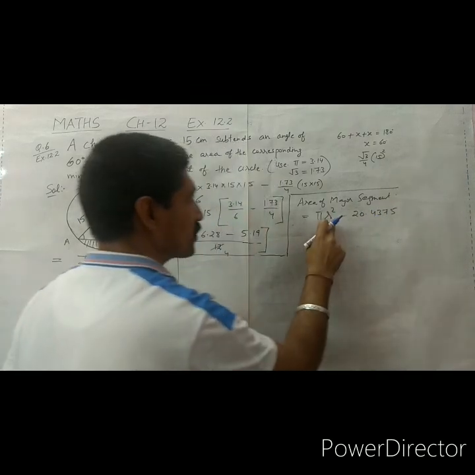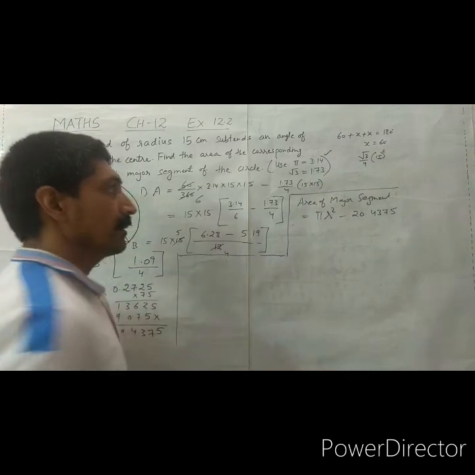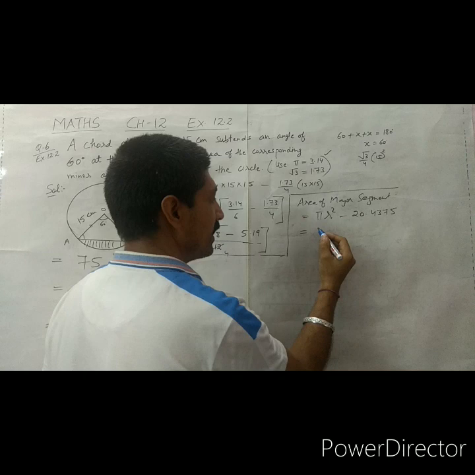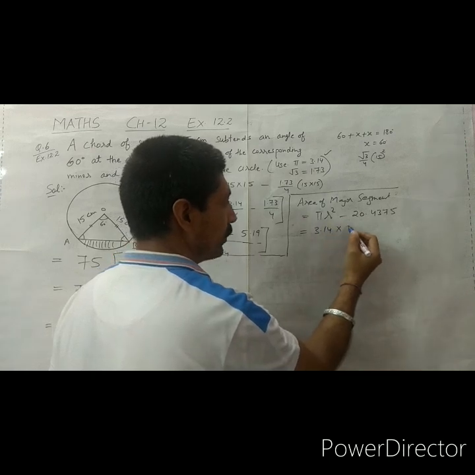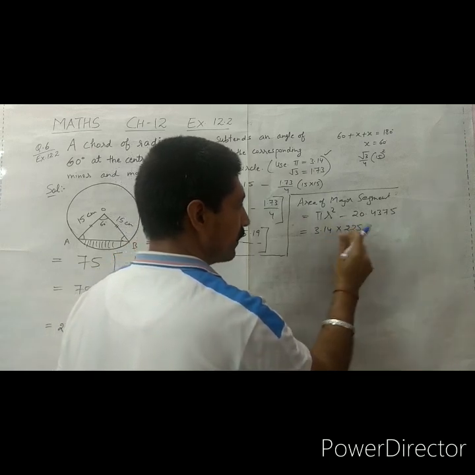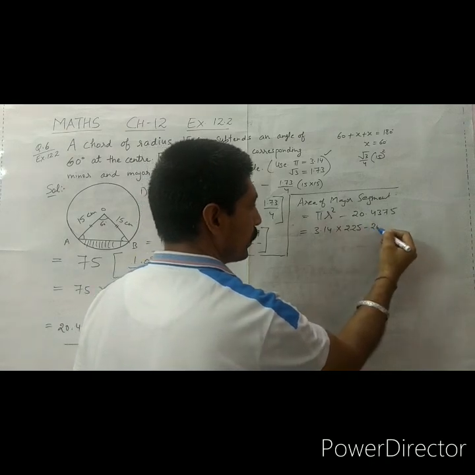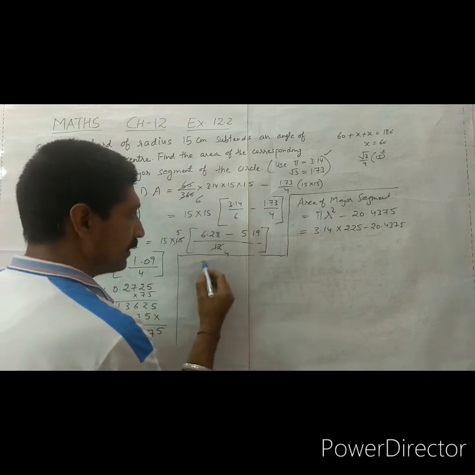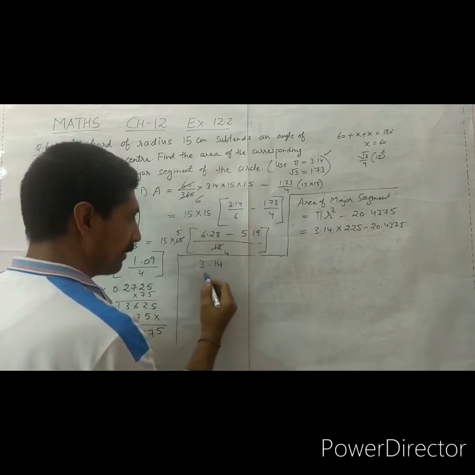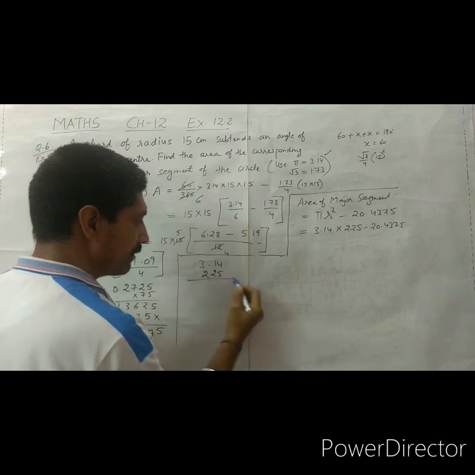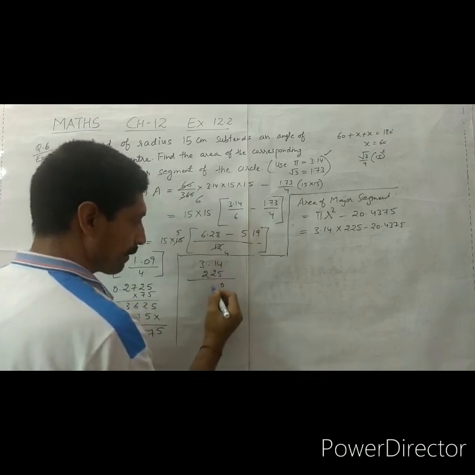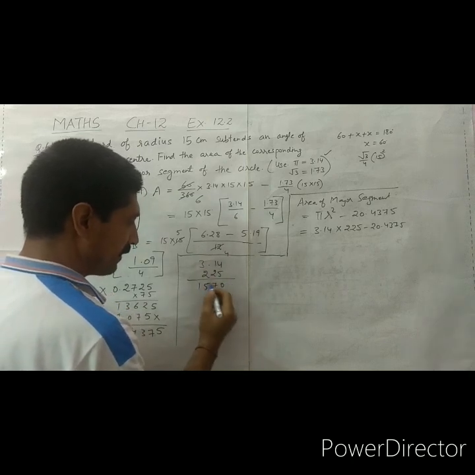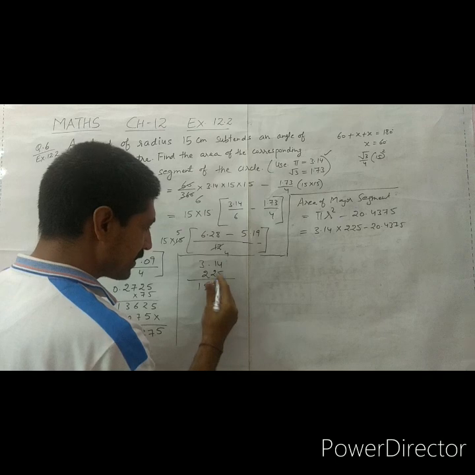So pi r square, we have to take pi as 3.14. So here 3.14 into 15 into 15, that is 225, minus 20.4375. So let's multiply again. 314 multiplied by 225. So here 5 ones are 5, 7, and it is 15, 2, 8.